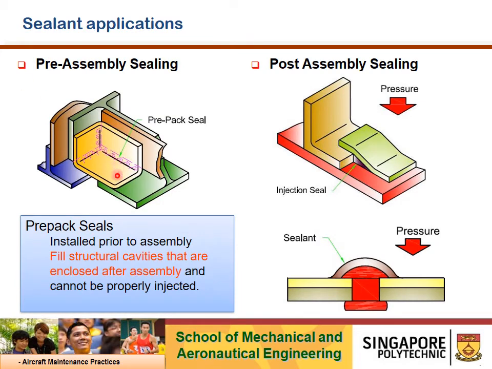So these are the samples for sealant application. Right. Pre-packed seals are installed prior to assembly, for the few structural cavities that are enclosed after assembly and cannot be properly injected. So that means before you install any assembly parts, make sure that you have a faying seal on the surface.